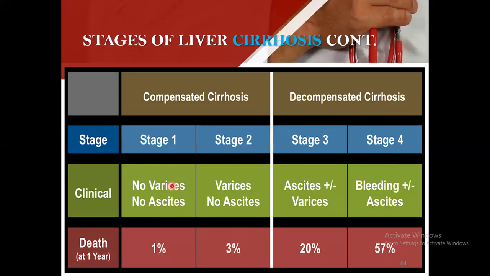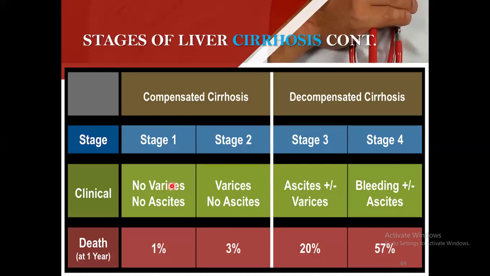Do you understand? So there will be a backflow of blood, and we know that almost all of the veins in the GIT will drain into the portal vein before the portal vein takes the blood to the liver. Now, the portal vein is blocked.